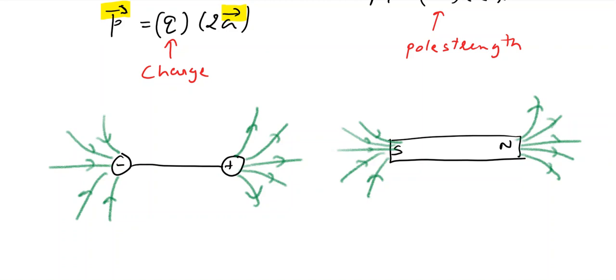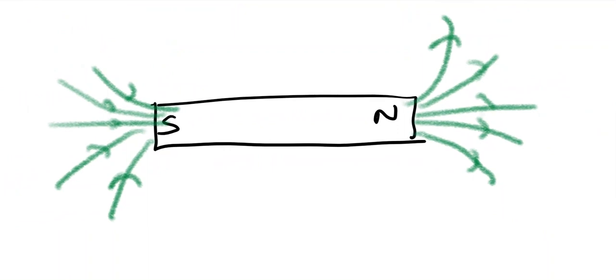Now there is one very essential difference here between electric dipole and magnetic dipole. In case of electric dipole, even along the line joining the two charges, electric field is from positive to negative. Whereas in case of magnetic dipole, that is bar magnet, we know that inside the dipole field lines go from south pole to north pole.